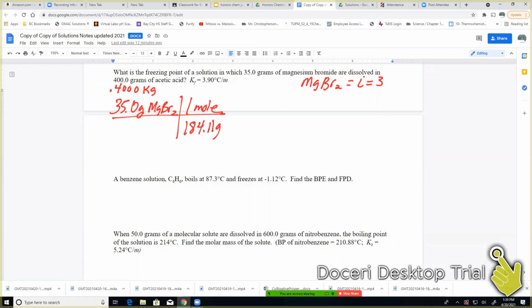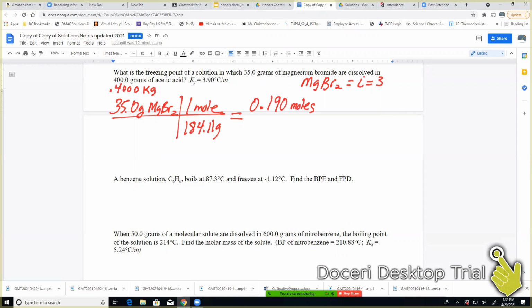That's just its molar mass, 2 bromines and 1 magnesium. 35 divided by 184.11 would give me 0.190 moles.